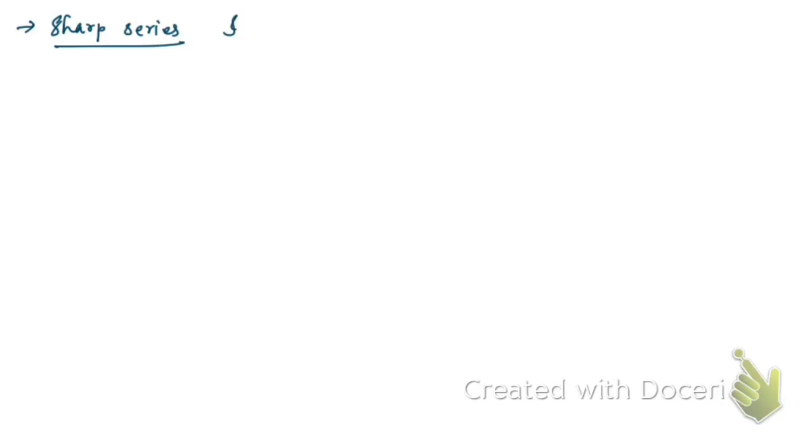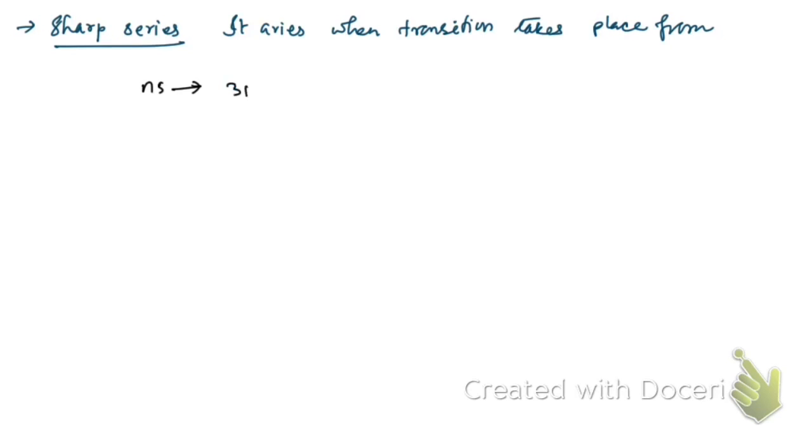So it arises when transition takes place from ns to 3p, where n is equal to 4, 5, 6, 7 and so on.